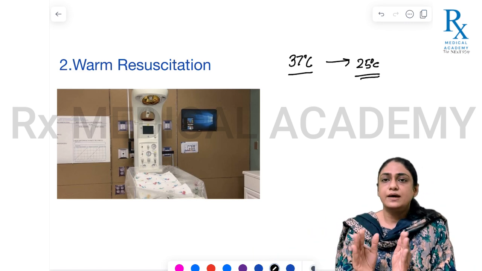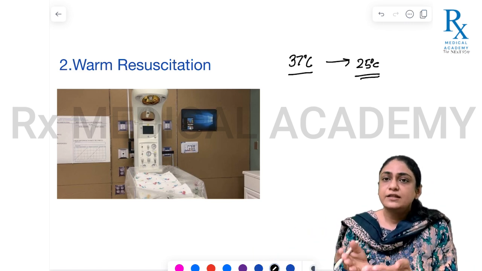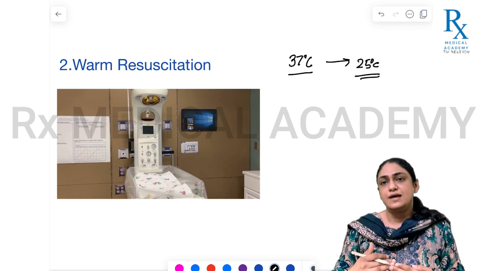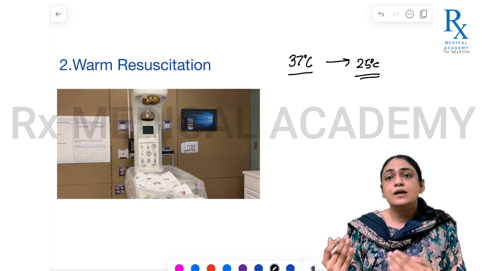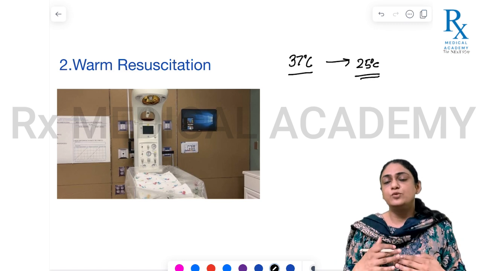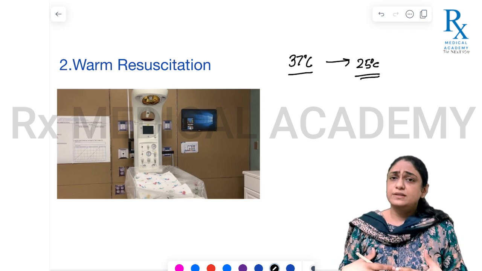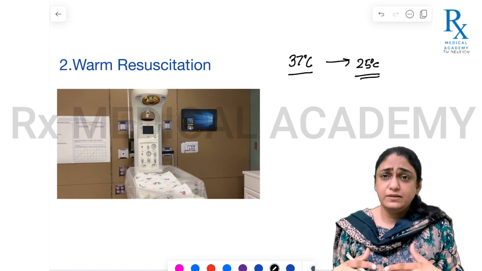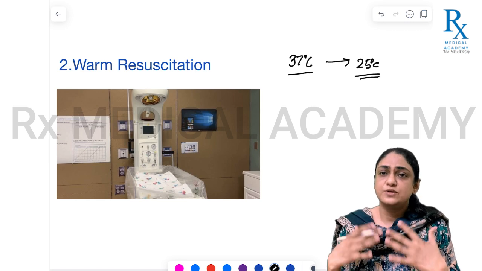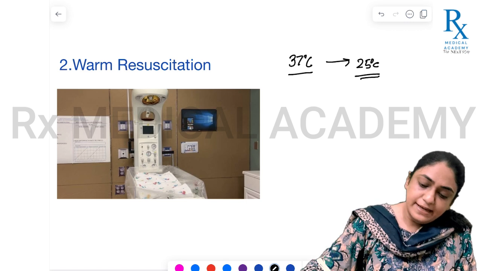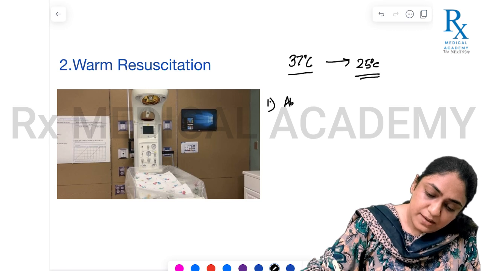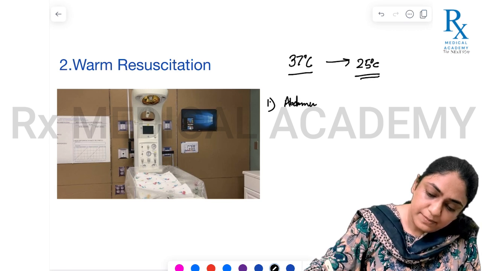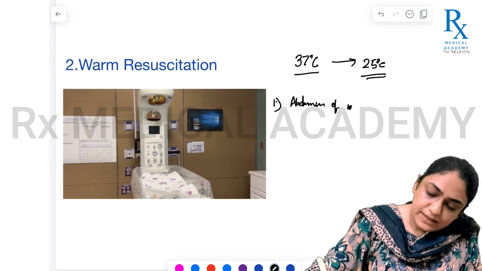Now all the NRP recommendations say that we should put the baby on the mother's abdomen. We should not separate the baby from the mother. Immediately we have to put the baby on mother's abdomen and do the initial steps of resuscitation there only, right? So first point, most important, do the resuscitation on the mother's abdomen.